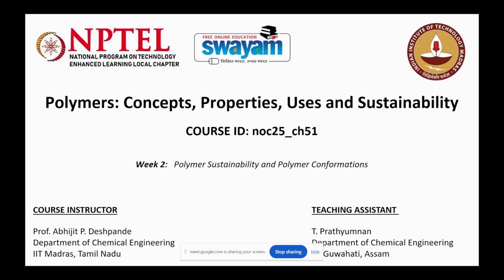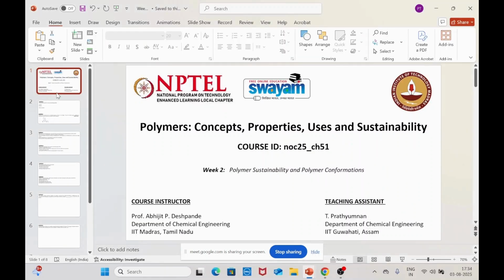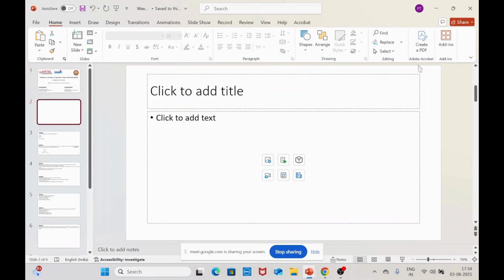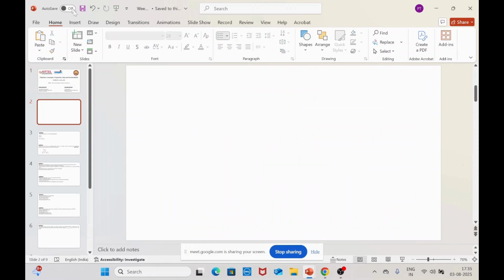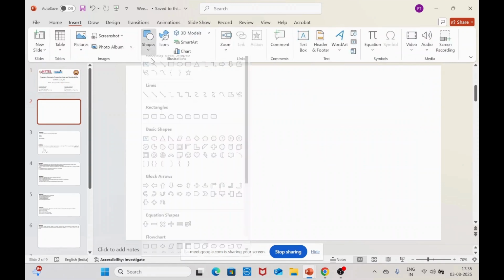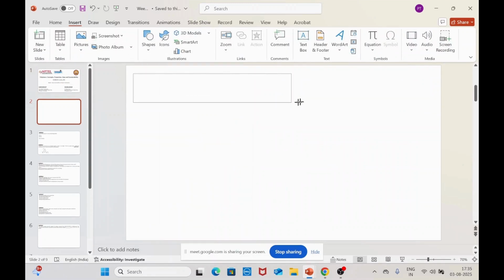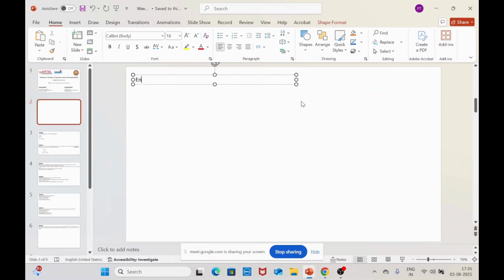So here we basically describe a few technical terms, so I'll be writing them here. The first one is the end-to-end vector distance.